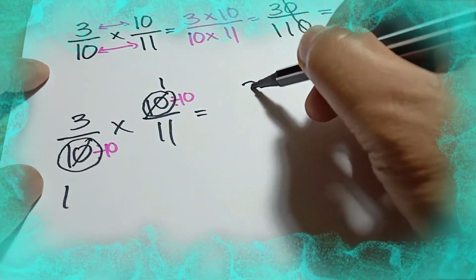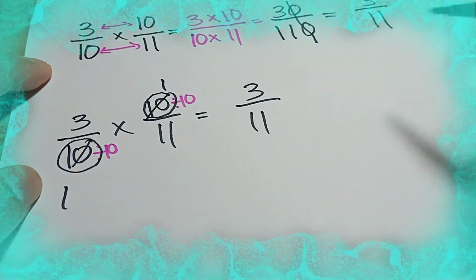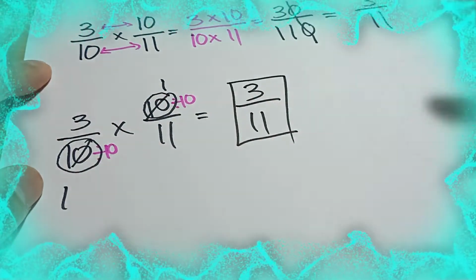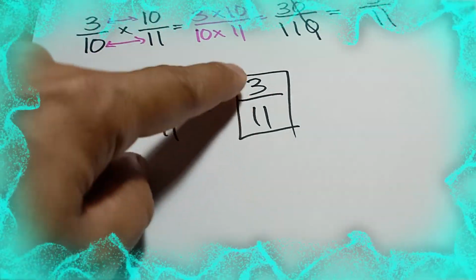Then 3 times 1 is 3, and 1 times 11 is 11. So when you multiply 3 over 10 times 10 over 11, the answer is 3 over 11.